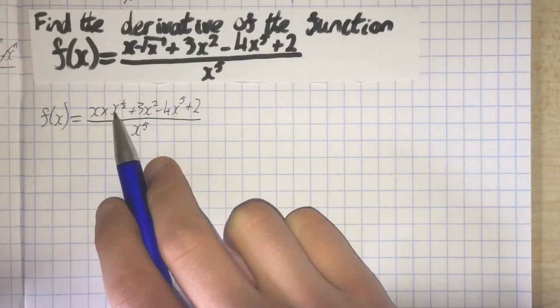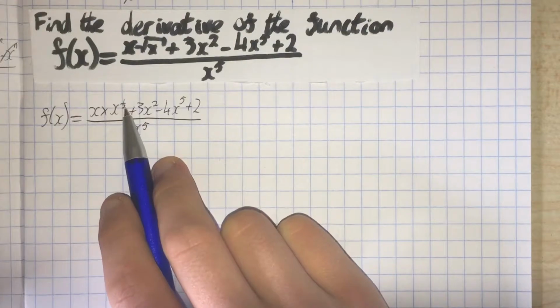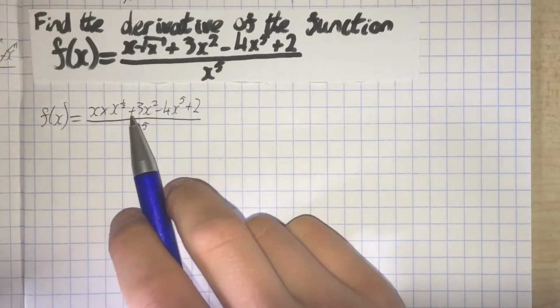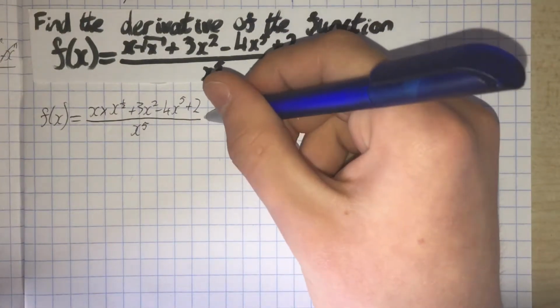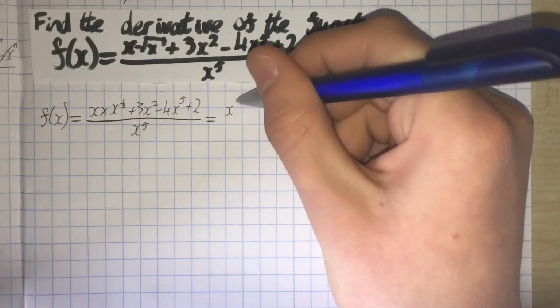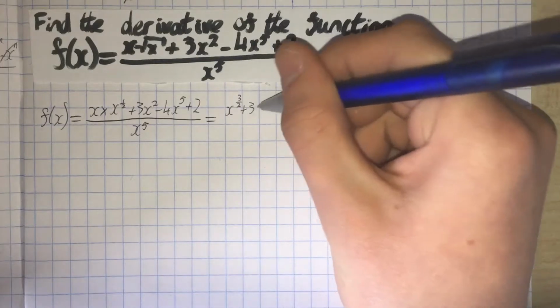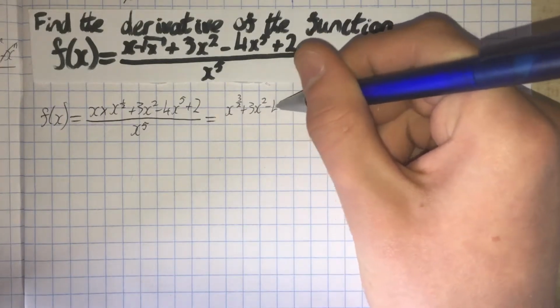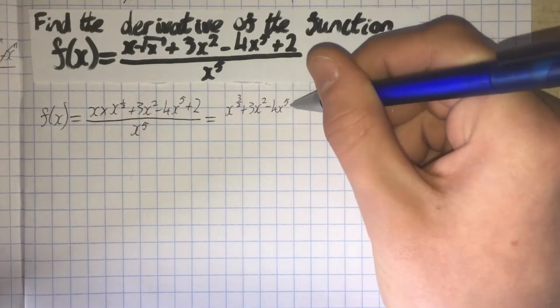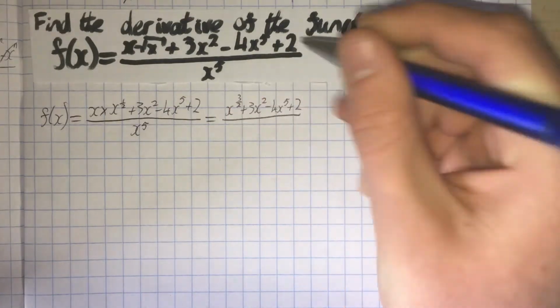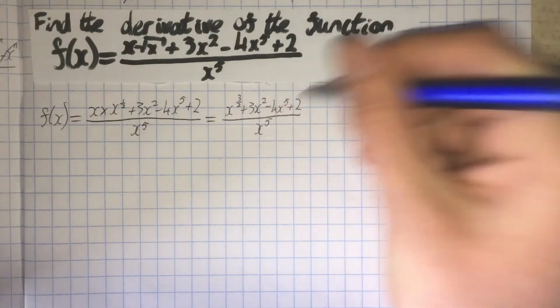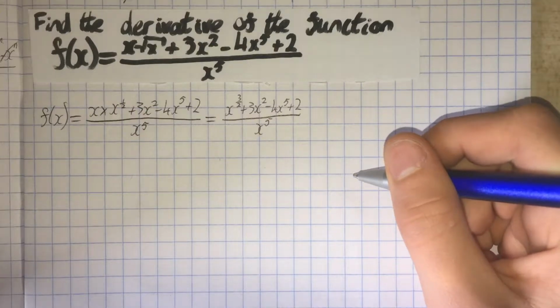So x times x to the half, that's going to become x to the 3 over 2. So we'll write this out. We'll have x to the power of 3 over 2 plus 3x squared minus 4x to the power of 5 plus 2 all over x to the power of 5.